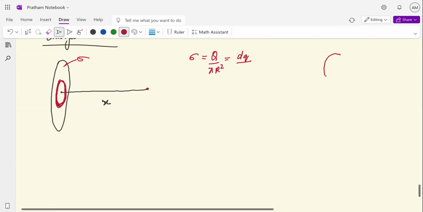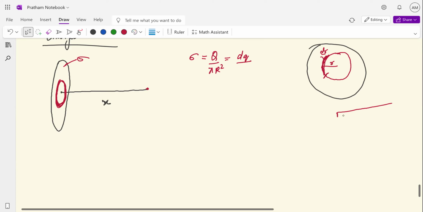And what is the area of that strip? Let's say this was my disk, the bigger disk was this. I went from the center to some distance smaller r, and I carved out a strip of some width, you can say dr. Understood? So what can be the area of this strip? If I take this strip outside, cut it from here and open it, it will look like this.